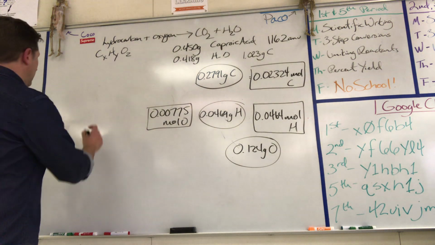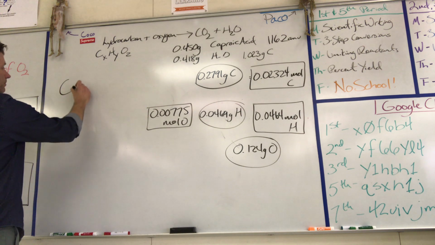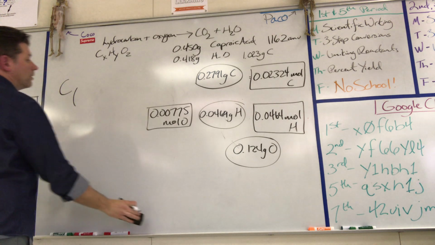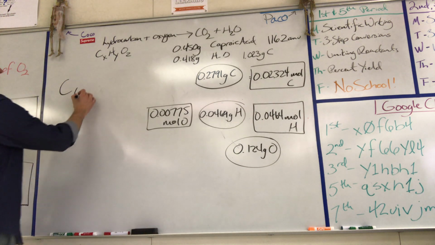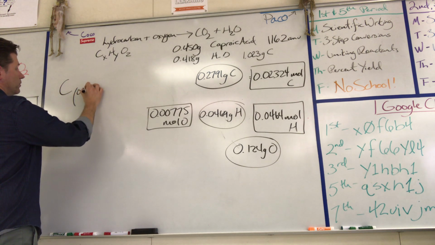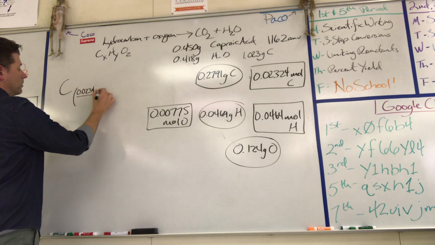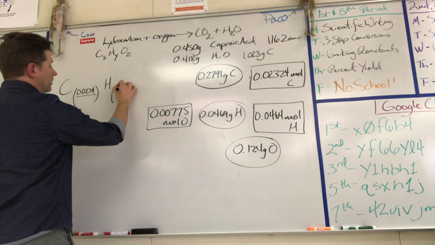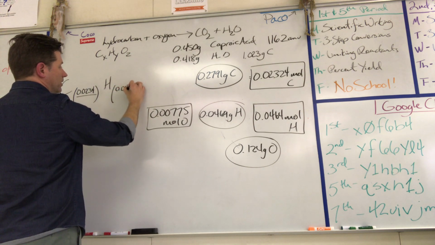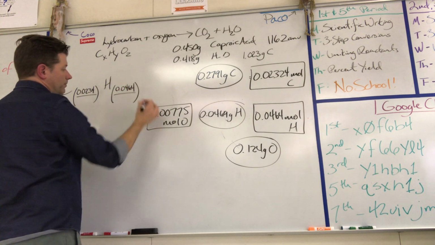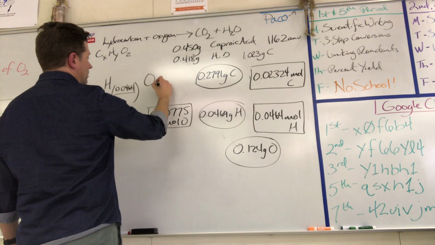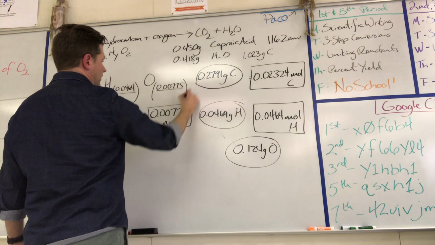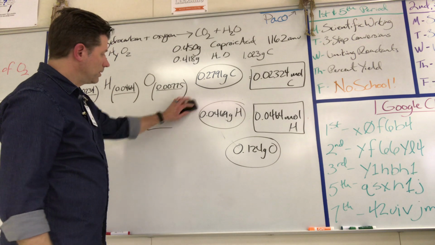So we have carbon. Well, let's do it this way. Carbon, we have 0.0234. Hydrogen, we have 0.0464. And then oxygen, I have 0.00775. And we need to divide these by something.